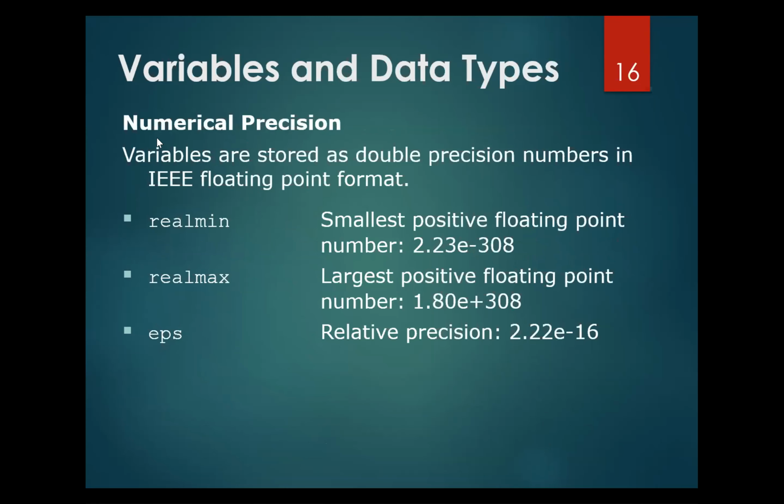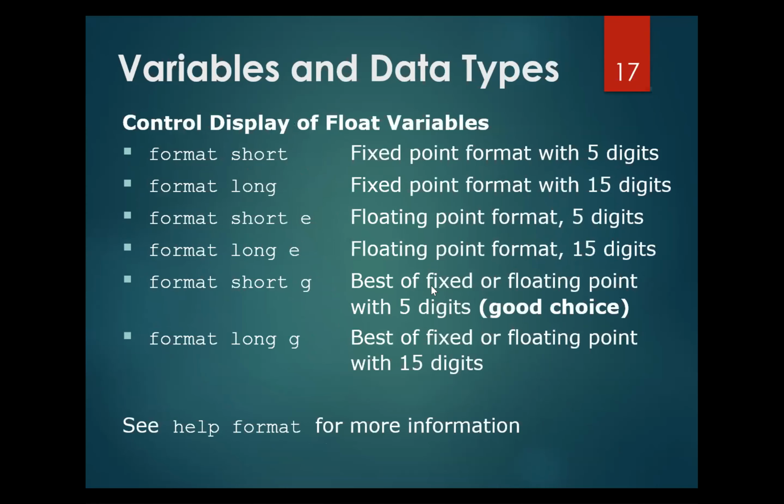And other things, numerical precision. If you want to vary your numerical precision, we have the real minimum, real maximum, and then the EPS. And these are their range. Okay.